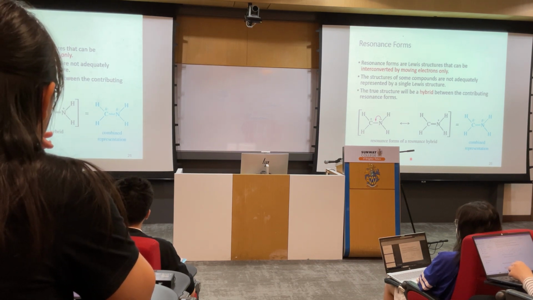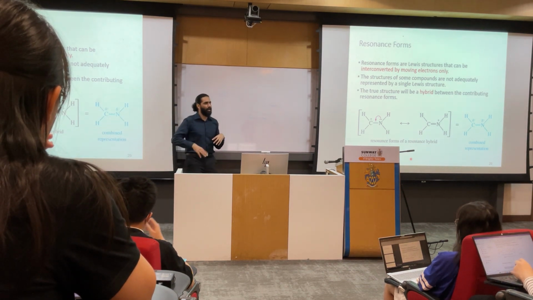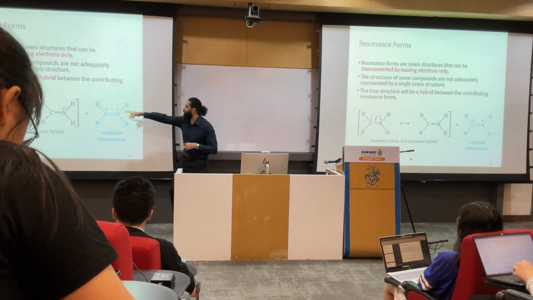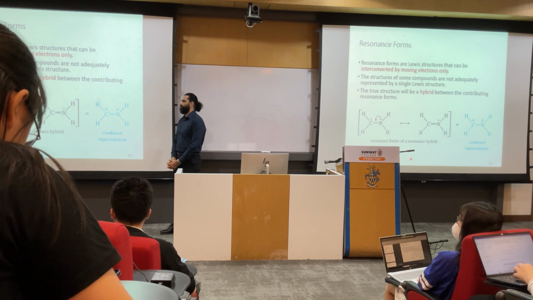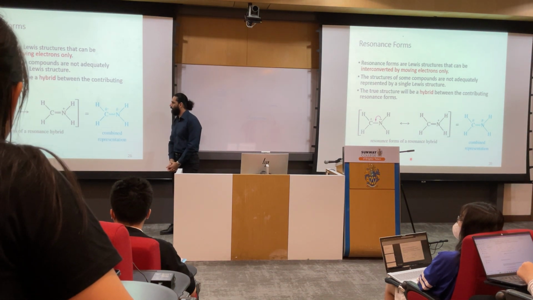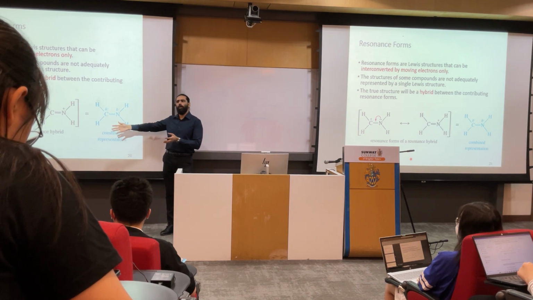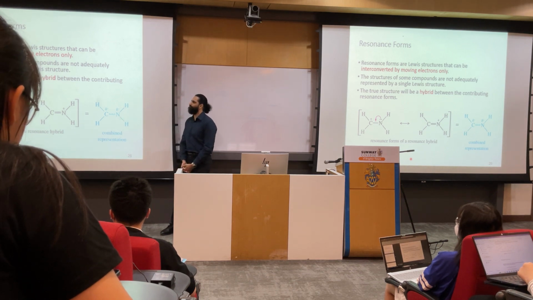And why are we calling them resonance? Because they can resonate with each other by simple movement of electrons, as denoted by the pink arrow. Yes? Is this something related to the principle of magnetic field? MRI. So all the magnetic resonance imaging or nuclear magnetic resonance spectroscopy is done on the movement of electrons, yes.